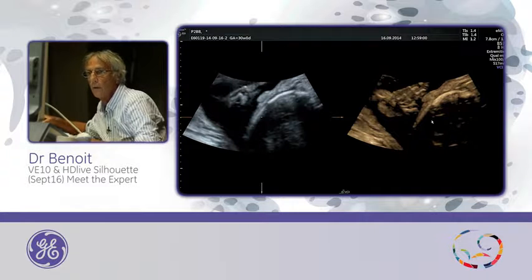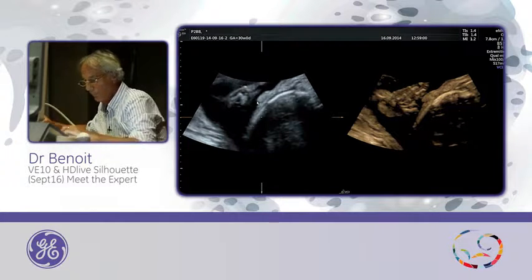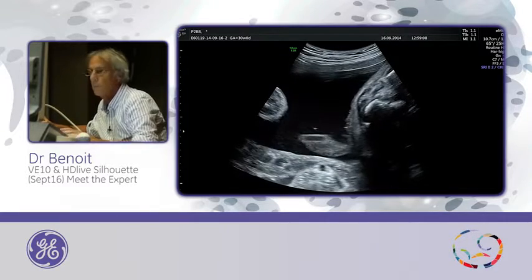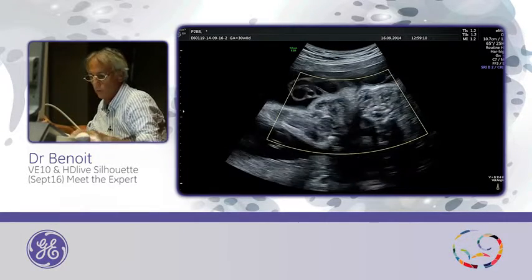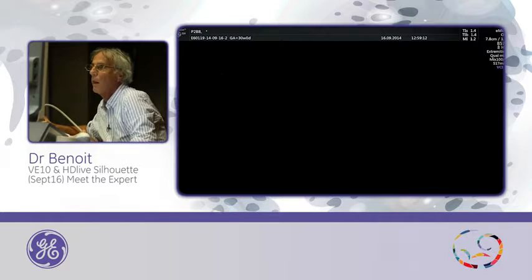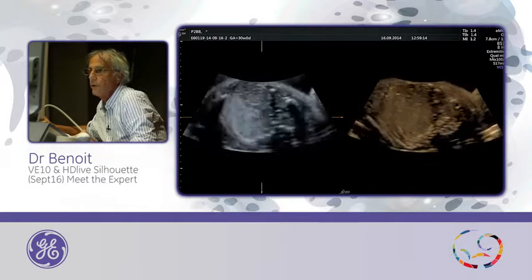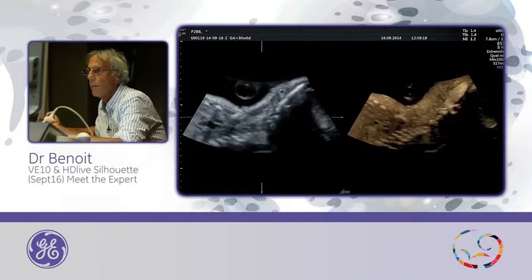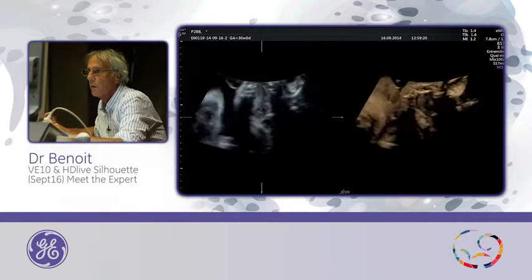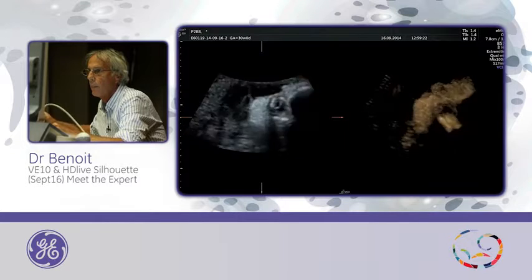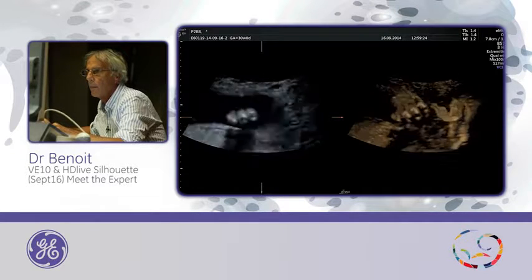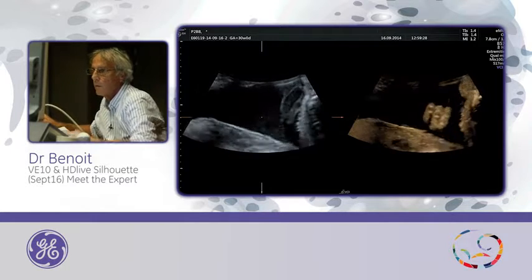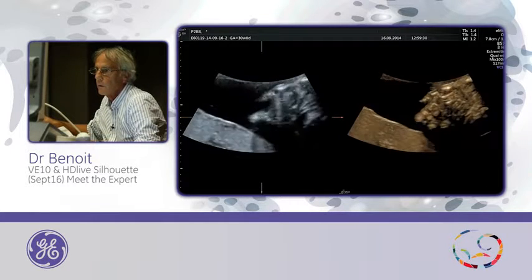You can see here, and you cannot see it on 2D, only because in this case we use a thickness of 17 millimeter, and the frame rate is 8 frames per second. So, all the fingers.